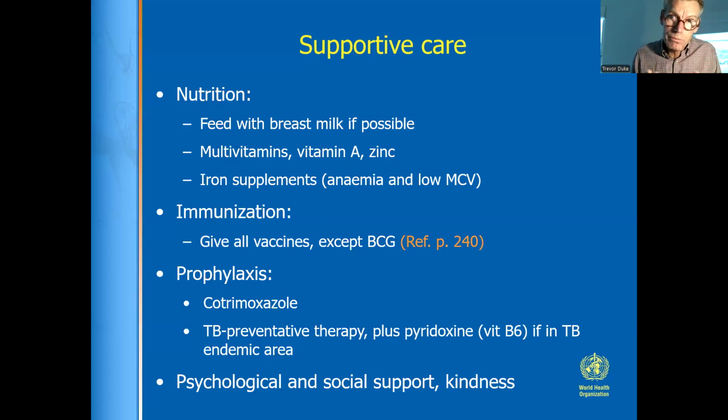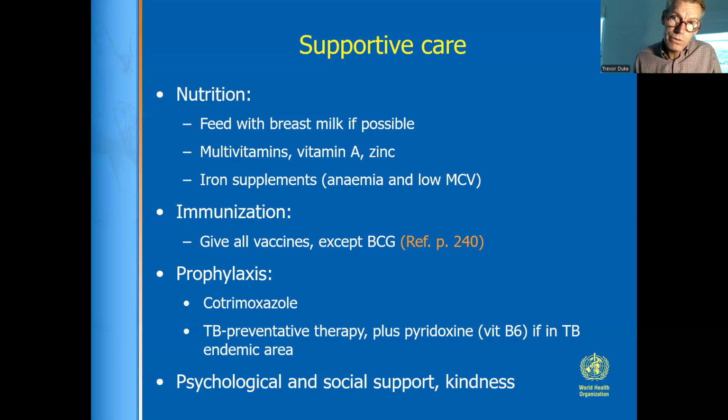Cotrimoxazole preventative therapy began to prevent pneumocystis jirovecii pneumonia, which is a very common form of pneumonia which still occurs in infants who have immune suppression from HIV, but it's less likely to occur. It's certainly less likely if a child's on antiretroviral therapy and if they're on cotrimoxazole preventative therapy.